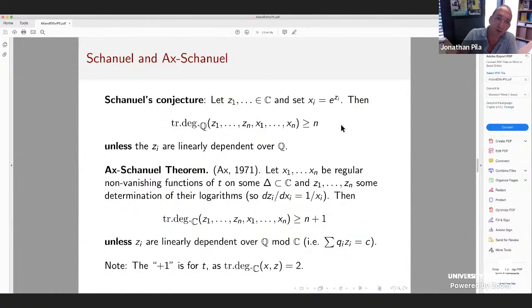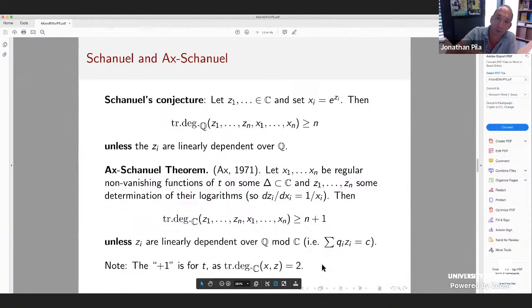I want to note the importance of this plus 1. We don't just get transcendence degree n, as in Schanuel's conjecture, but n plus 1. The plus 1, if you like, is for the variable t. That's because the transcendence degree of one pair, x and z equals log x, is 2.